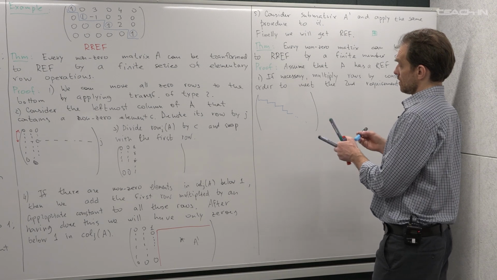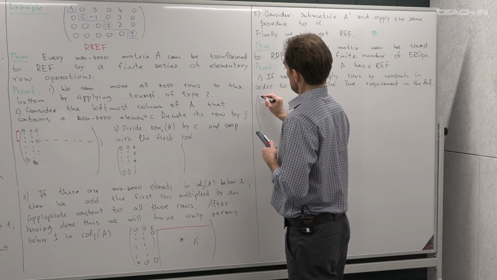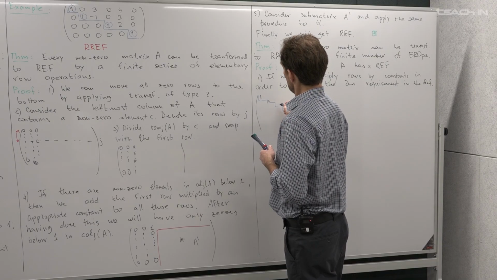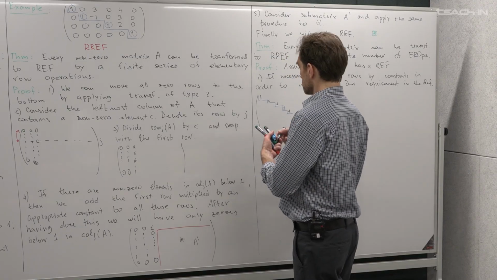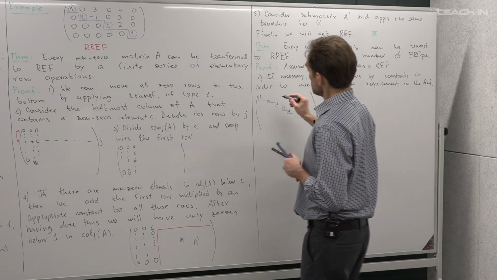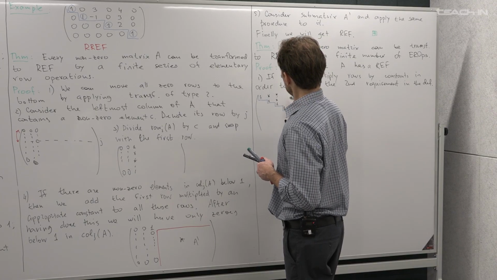And we have leading elements that are already equal to 1. And what do we need to do? We need to get rid of all the elements above these 1s.